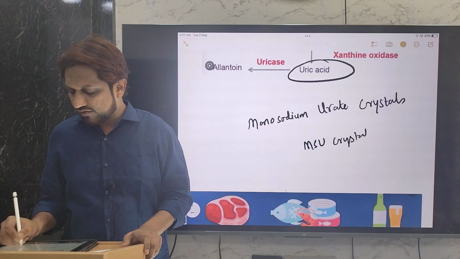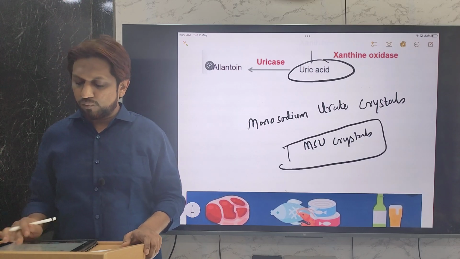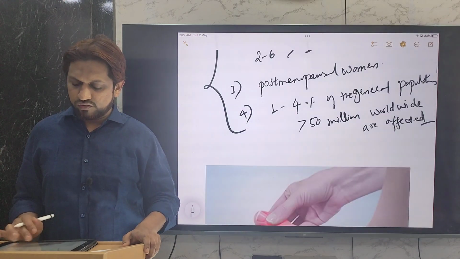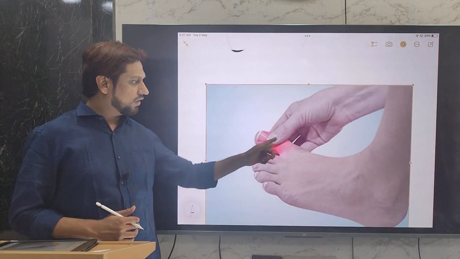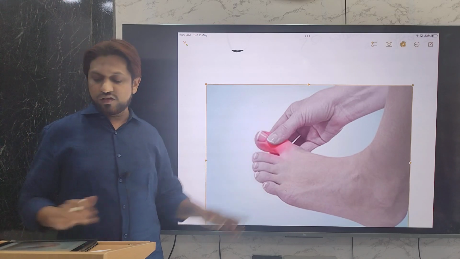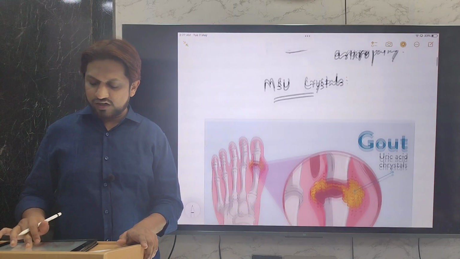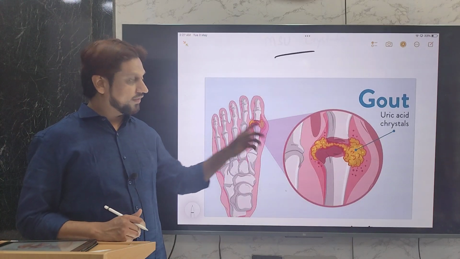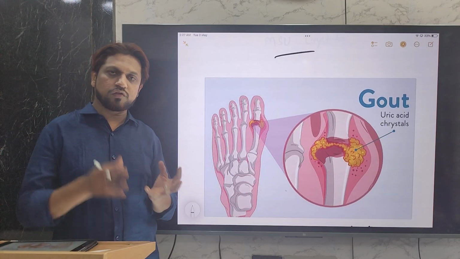These crystals get deposited in the joints, and 70 to 90% of the time they deposit at the great toe, that is, the first metatarsophalangeal joint.